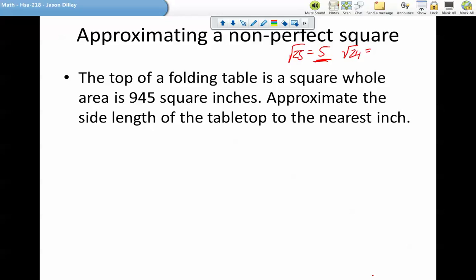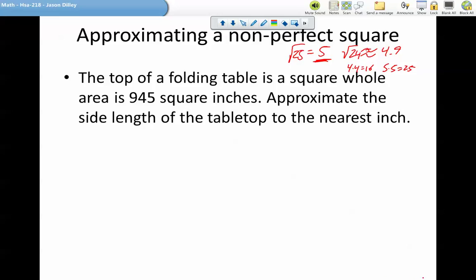I don't know what the square root of 24 is. I know that it's smaller than 5, but there is no whole number that makes 24 because 4 times 4 is 16 and 5 times 5 is 25. So there is no whole number, which means that square root of 24 is a number in between 4 and 5. It's probably approximately 4.9-ish because it's really close to the square root of 25.